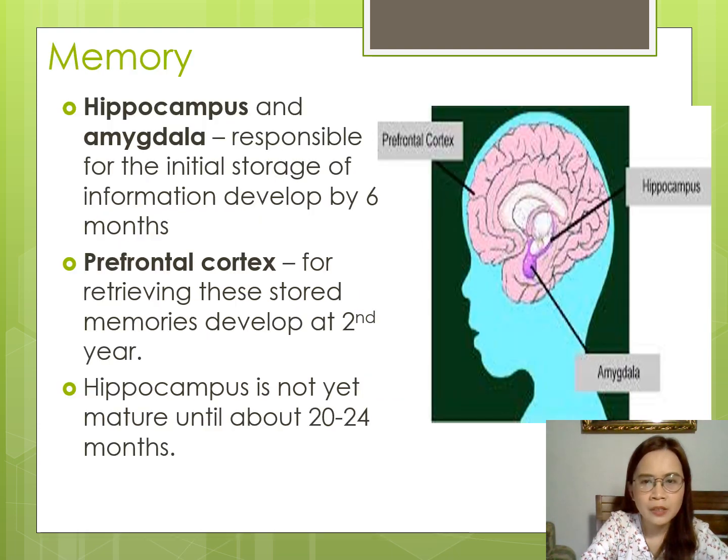Alright, so here are the parts of the brain, no, particularly those structures na may kinalaman sa memory. So we have the hippocampus and amygdala. That is right there at the center, no, sa may limbic system. So hippocampus and amygdala are responsible for the initial storage of information developed by 6 months.